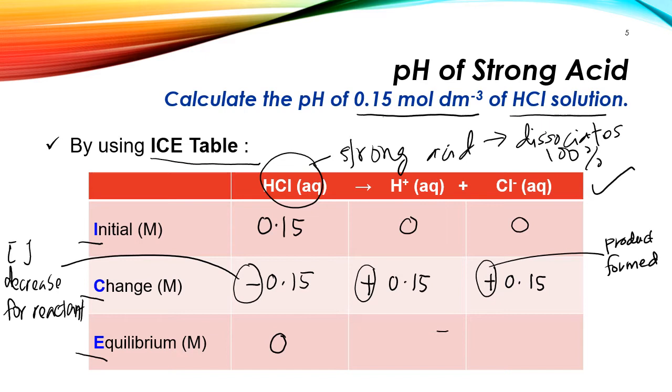But for the products, H plus ion and Cl minus, since during the reaction they each produce 0.15 molar, finally we still have 0.15 molar of H plus and 0.15 molar of Cl minus remaining.